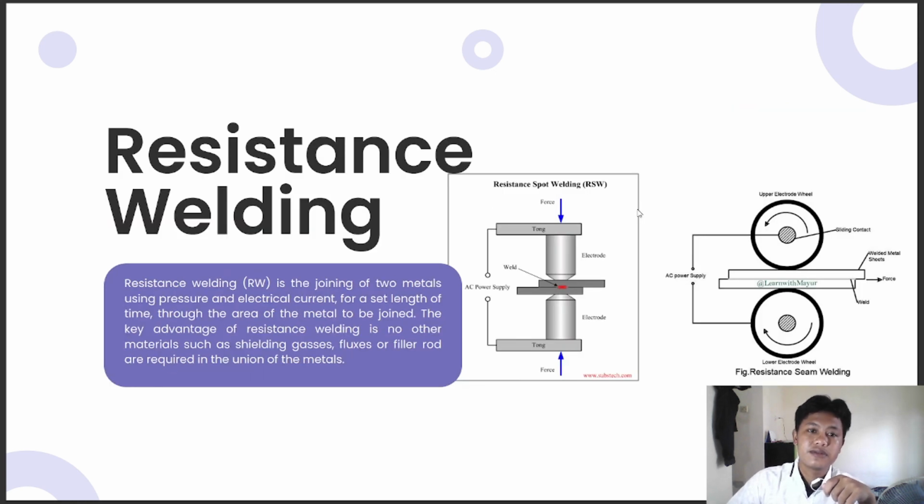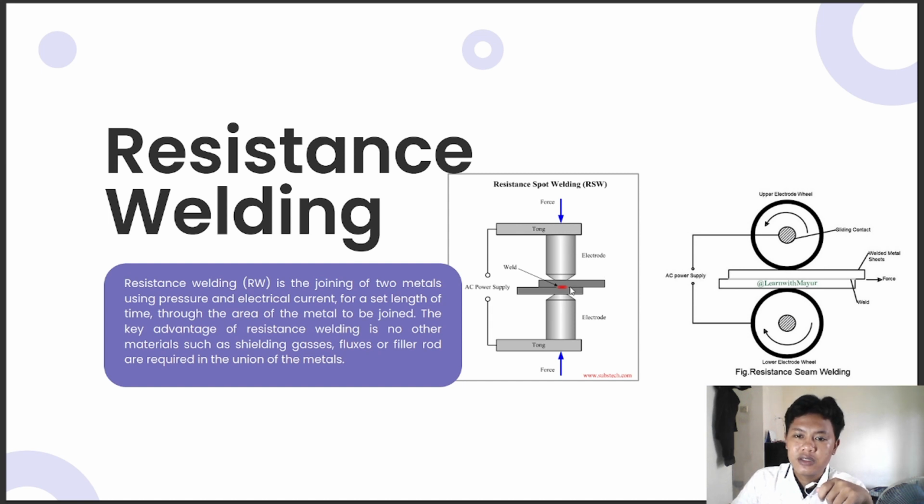Okay, next is resistance welding. Resistance welding is the joining of two metals using pressure and electrical current for a set length of time through the area of the metal to be joined. The key advantage of resistance welding is that no other materials such as shielding gases, fluxes, or filler rod are required in the union of the metals. So, resistance welding, for example, on the left is resistance spot welding, and the other is resistance seam welding.